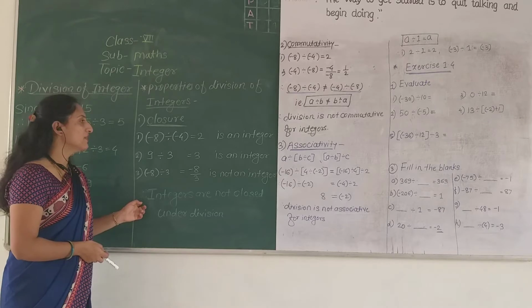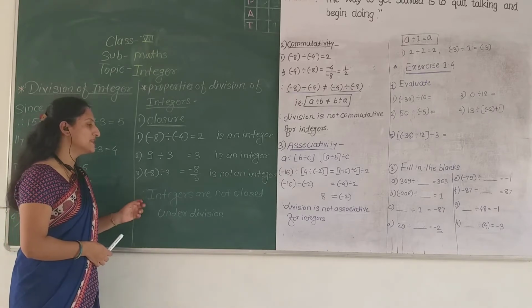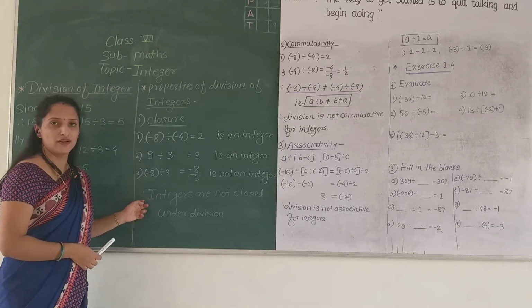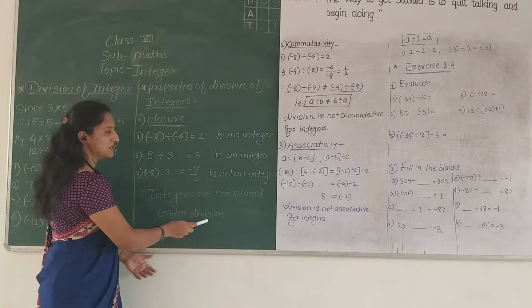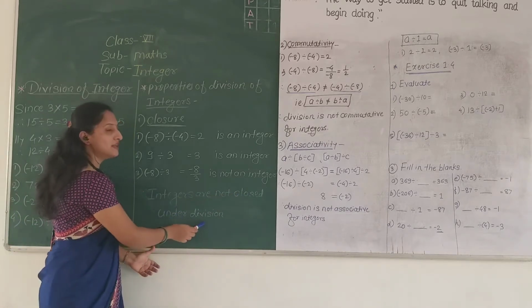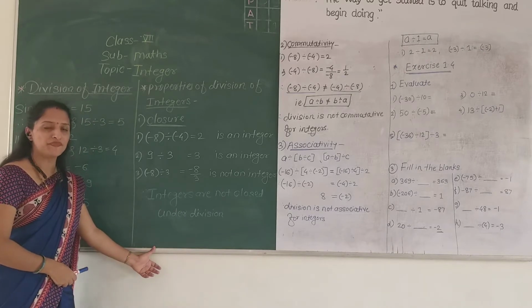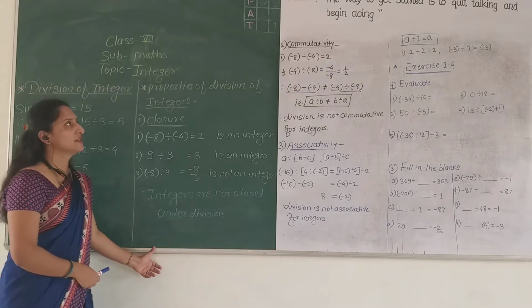What does this say? Integers are not closed under division. So this is the closure property for integers.